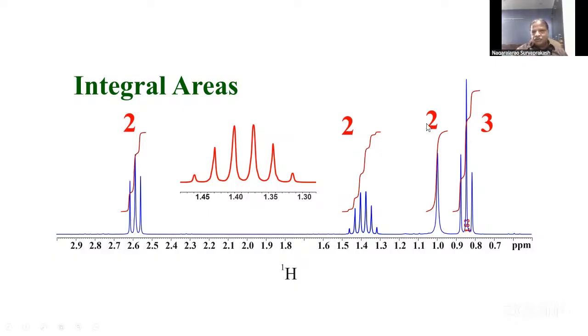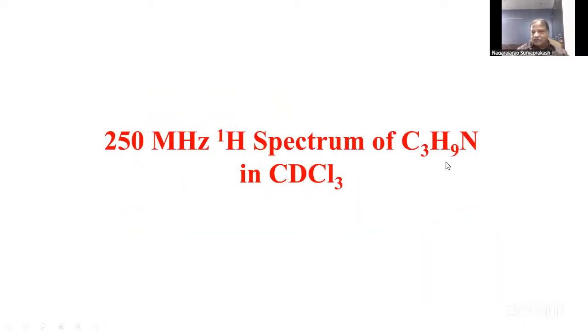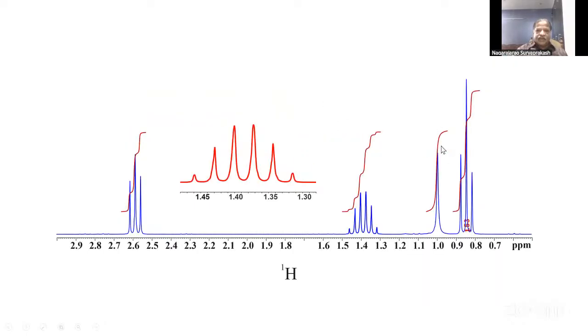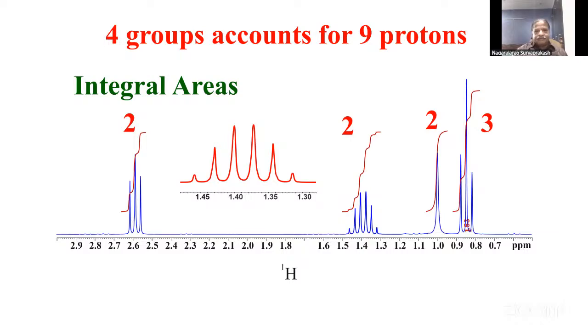This is 2, 2, 2 and 3, because this is 3 intensity, 2 intensity, 2 intensity, and 2 intensity. So that means this is a CH2, CH2, another CH2 and CH3. I know there are 3 plus 6, 11 protons. No, 9 protons are there. This matches with my formula. Now, how do we interpret it?